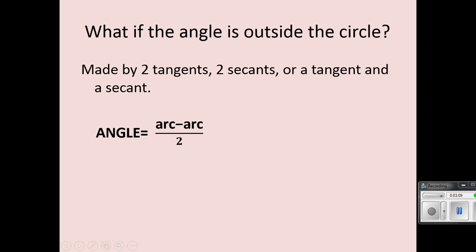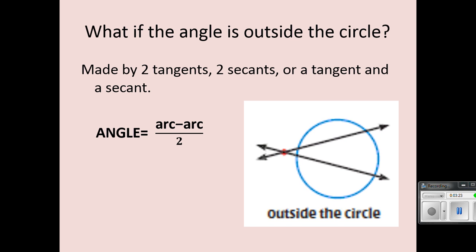But what if the angle is outside the circle? I could have two tangents, two secants, or a tangent and a secant. If I have any one of those three possibilities, and the angle is formed outside the circle, you would take the larger arc minus the smaller arc and divide by 2.